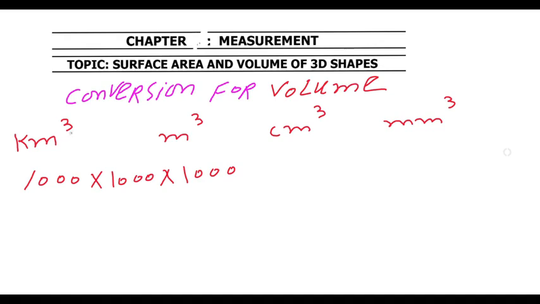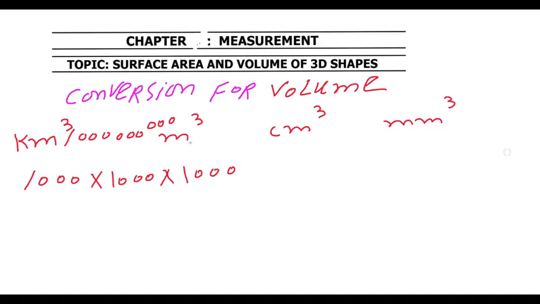So it's going to be a 1 and 9 zeros, 1, 2, 3 again, 1, 2, 3 again, 1, 2, 3. So the 1 billion between kilometer and meter cube.